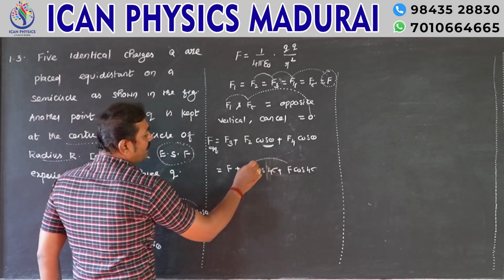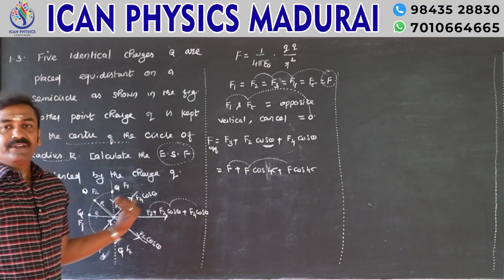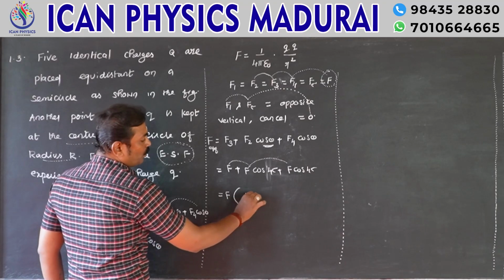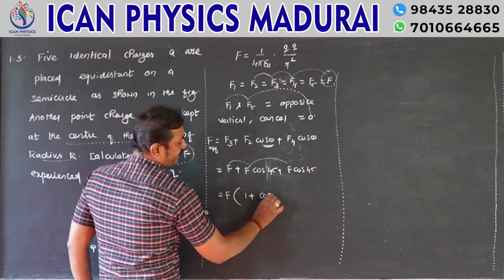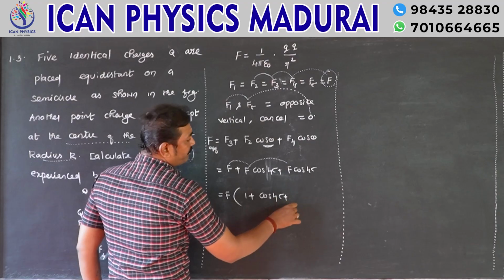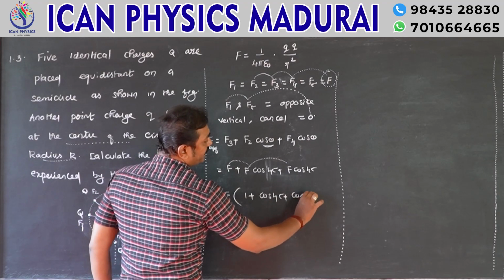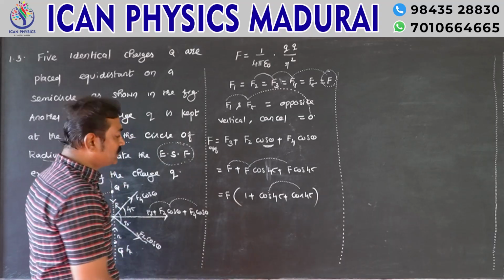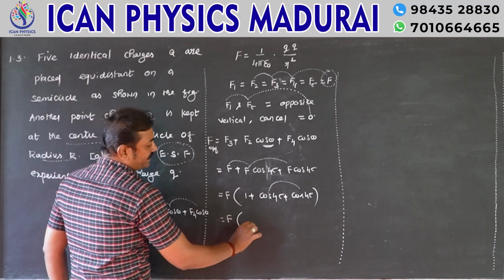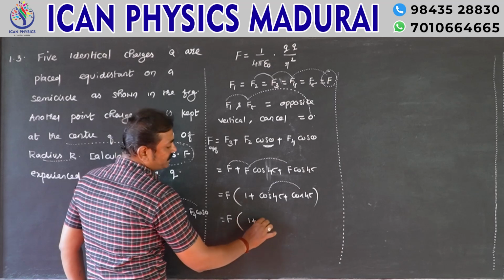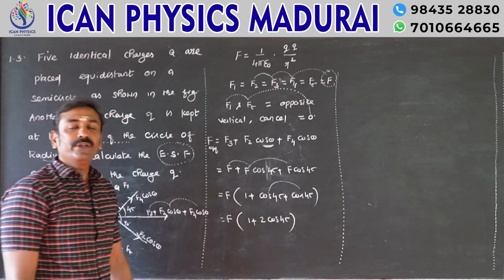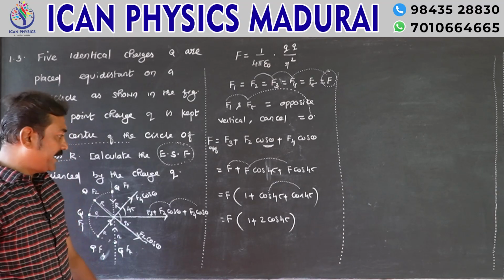In all the terms we have F, so F can be taken as a common term. So F into 1 plus cos 45 plus cos 45, which is 2 cos 45. So F into 1 plus 2 cos 45. Do you get it now? Do you have any doubt? No doubt.